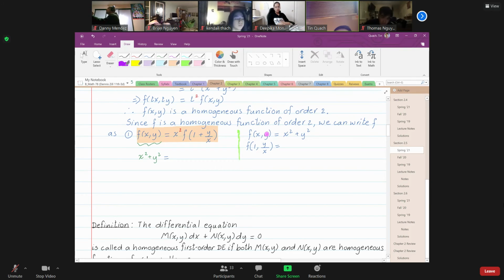When you plug in a value for x and a value for y, you just go over here and make a substitution. Please pay attention here. So x is 1, y is this one. Whenever I see x from my function, I replace it with 1.